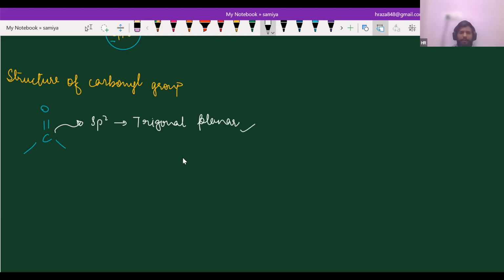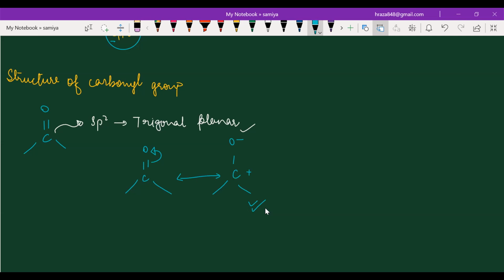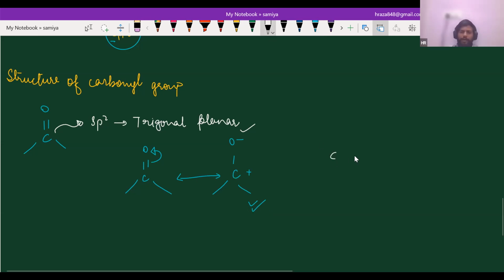Now, oxygen is more electronegative, so it will take the electrons, so it will have a negative charge, and the carbon will have a positive charge. Yes or no? Please do write it. It is trigonal planar, and it's also very important to note that this is doubly bonded carbon.